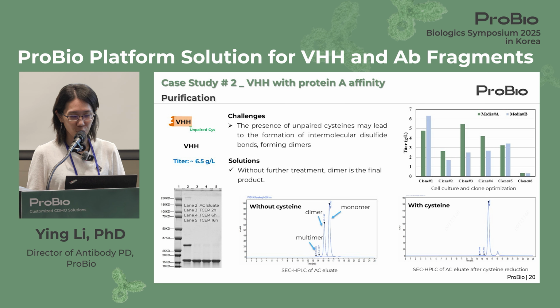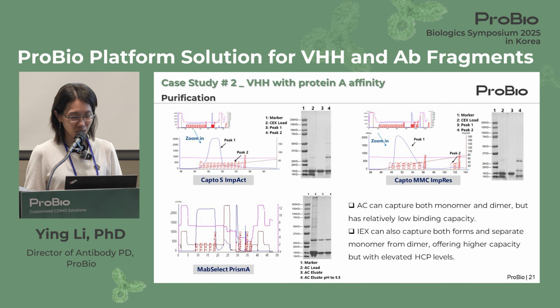And upon the conjugation steps, by adding the reductants, this dimer could be successfully reduced. As we can see, we can either treat the dimer as a final product for this DSI, or we can add a small amount of reductants such as cysteine to completely break down these dimer impurities.